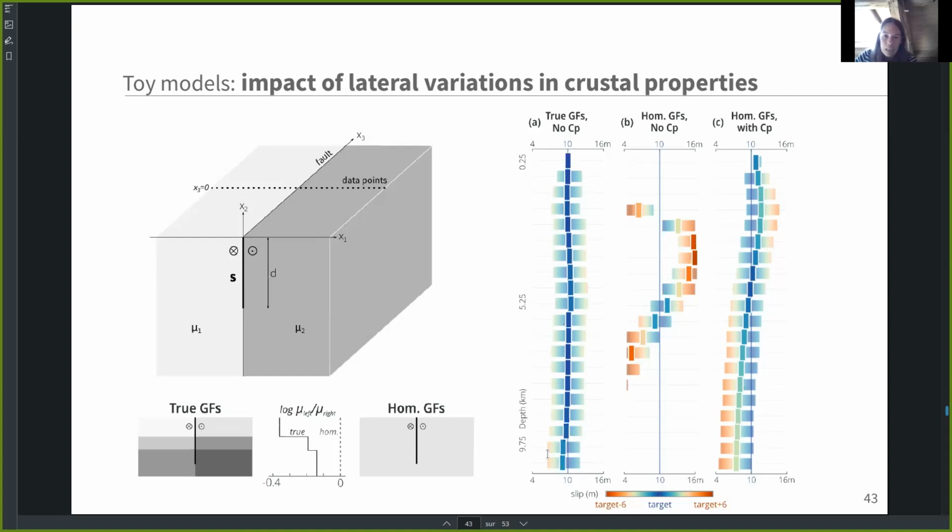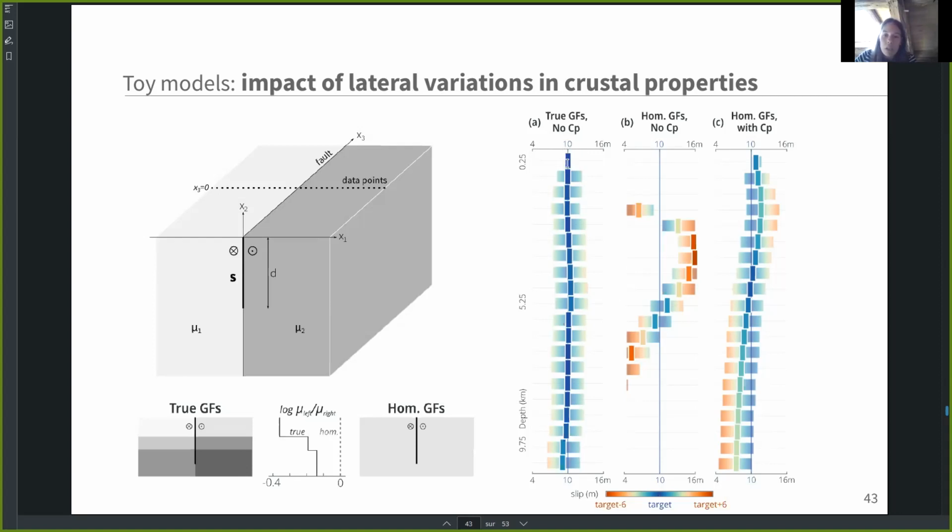So what you can see in this picture here is, on the x-axis, the slip. So you can see that 10 here is the value of the dislocation that we use. So that's the value we want to infer back. In the y-axis, we have the depth. So as the fault is infinite, there is only one subfault per depth. And so you are estimating one slip parameter per depth.